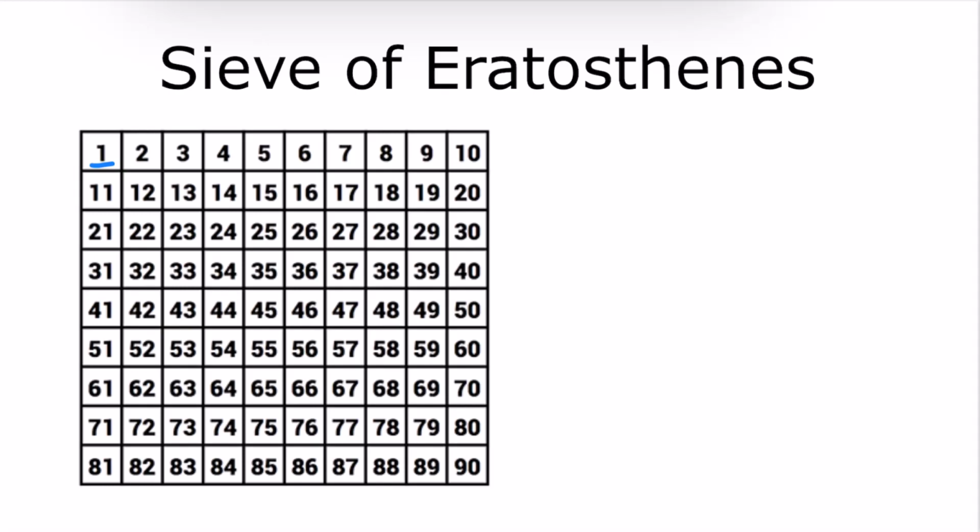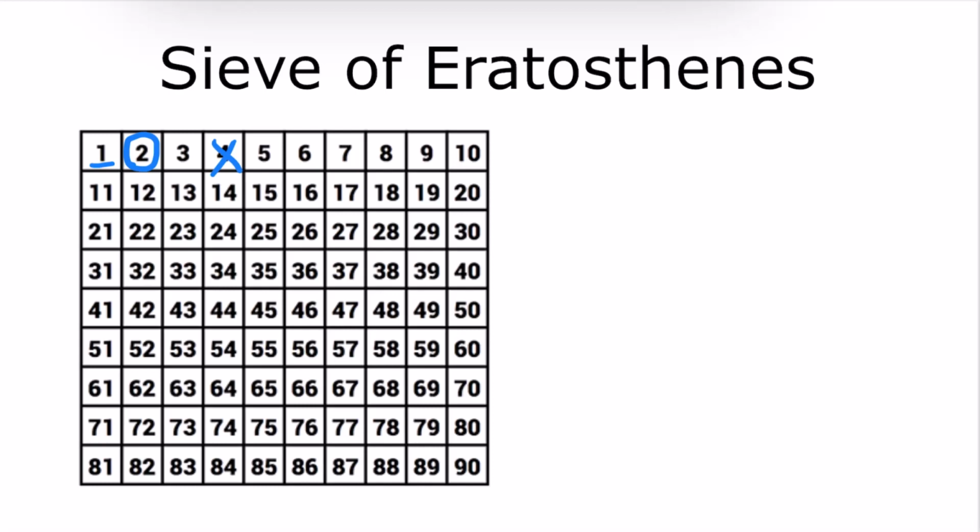But if we go on to the next number, which is the number 2, this number is a prime number because it only has two factors. It has the factor 1 and the factor 2. And so since this is a prime number, I'm going to cross off any multiples of that number because, say, for example, the number 4, this is not going to be a prime number because the number 4 can be divided by 4 and 1.